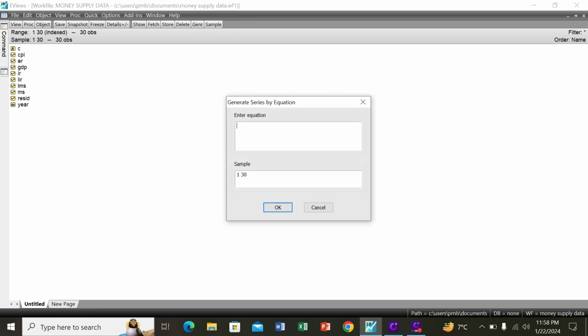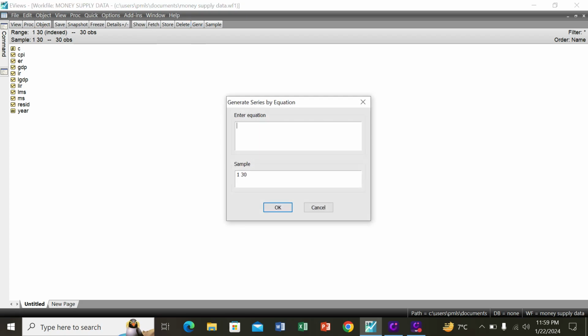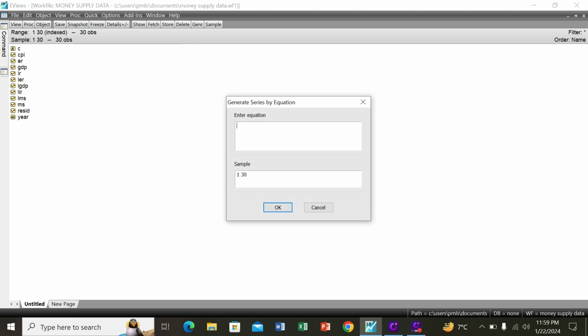In the same way, apply it for GDP, for exchange rate as well, and the same for CPI as well.